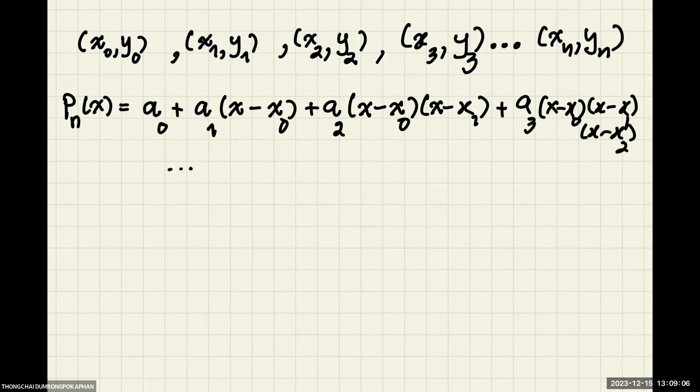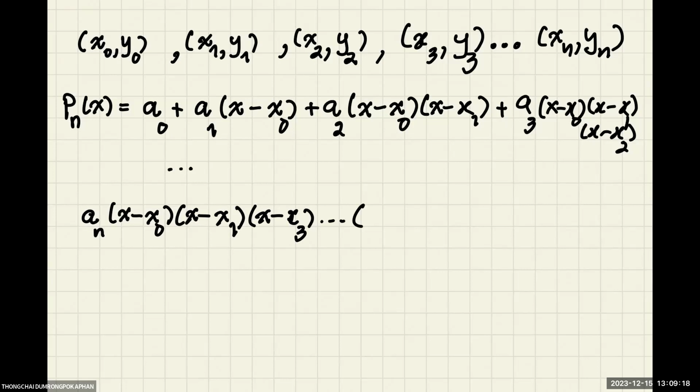Okay, so for the last one, an, you have x minus the first one, x minus the second one, x minus the third one, and so on, until the last one is x minus x(n minus 1). Okay? N minus 1. Yeah.